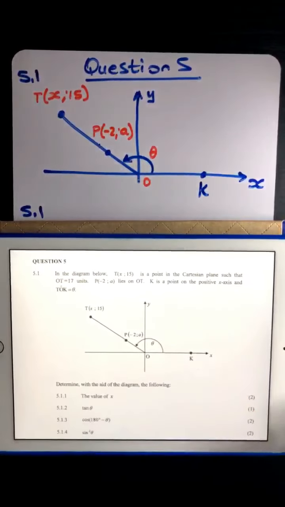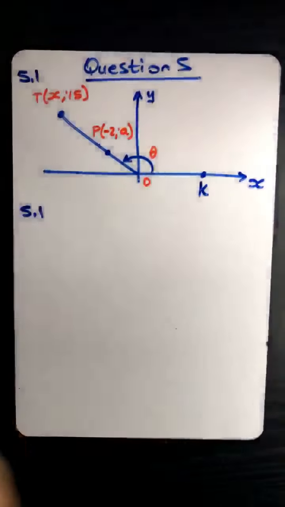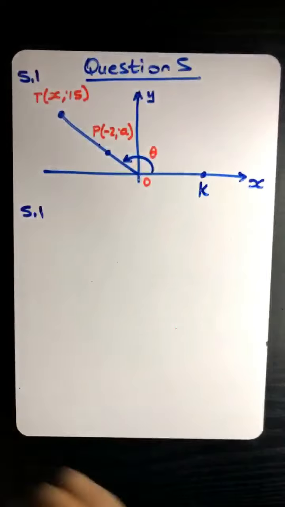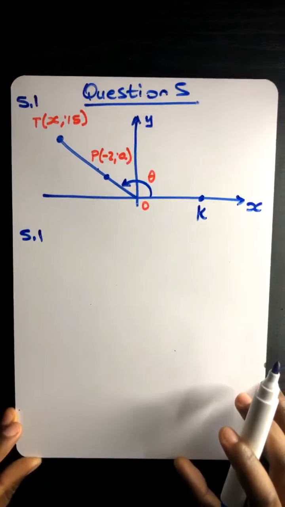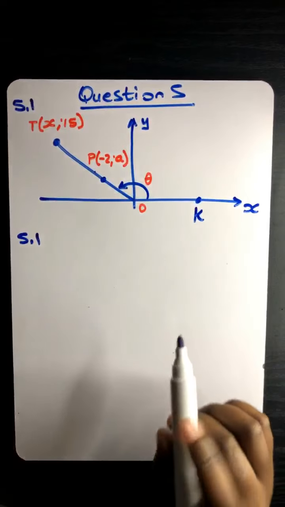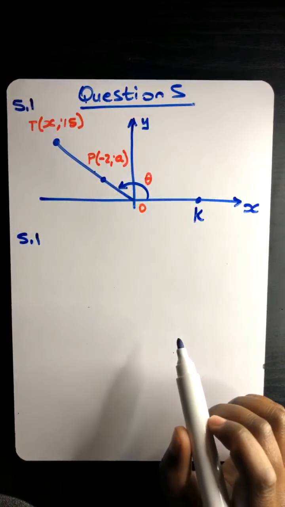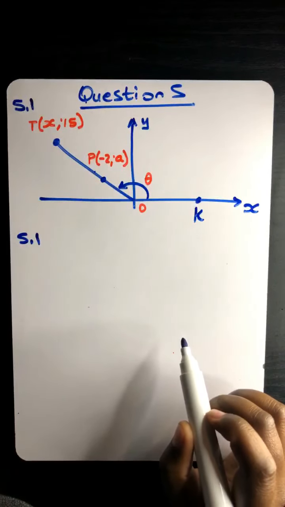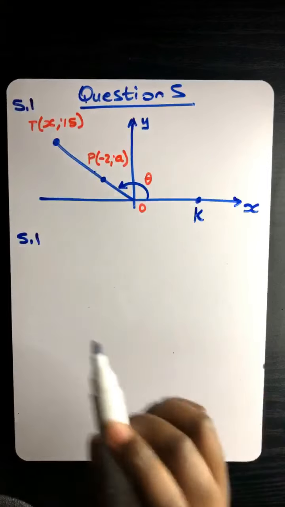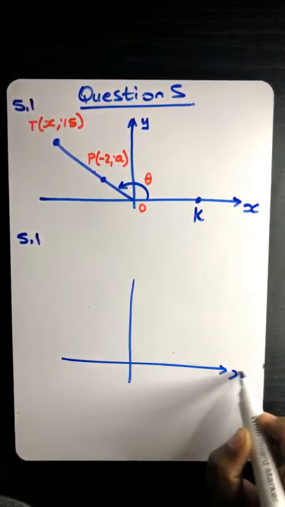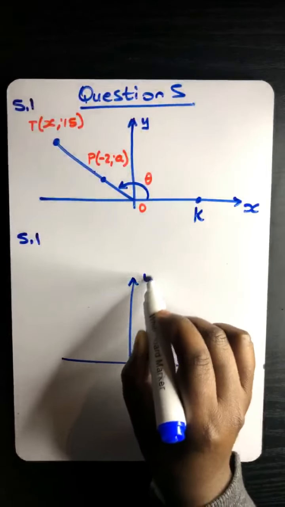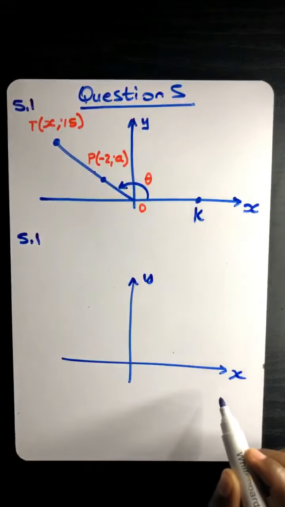Remember, guys, everything is drawn on a Cartesian plane. A Cartesian plane is where we draw a lot of stuff, and that includes the functions, the straight lines, or whatever. In this case, as you can see, ladies and gentlemen, we've got a Cartesian plane where we have x and y.